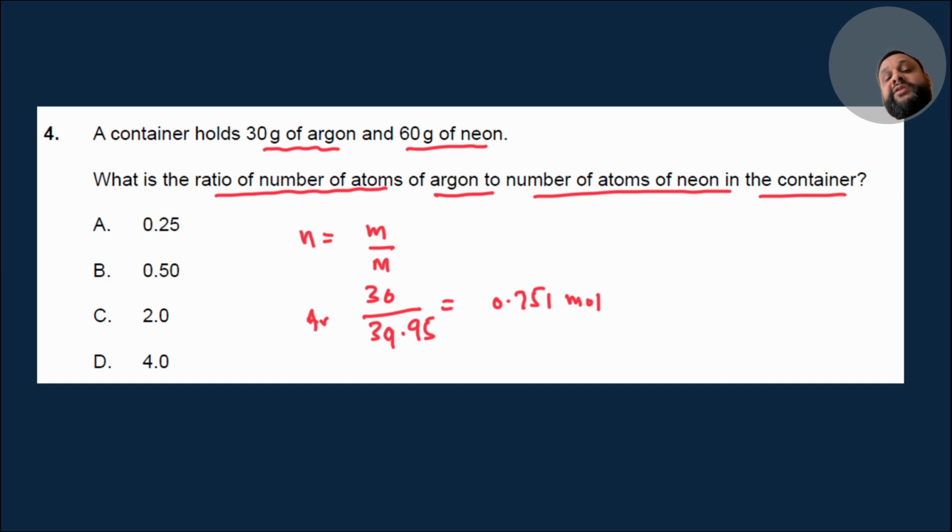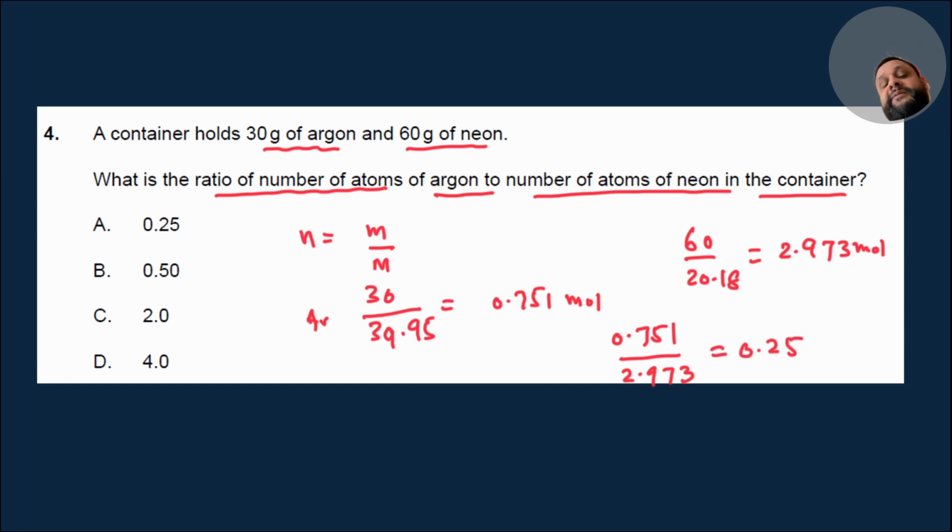Let's work with the moles of neon. So 60 divided by the molar mass of neon, which is 20.18. If I solve this, that will give me 2.973 mole. Okay, the ratio of the number of atoms of argon to the number of atoms of neon is 0.751 with 2.973, and that will give me almost 0.25.